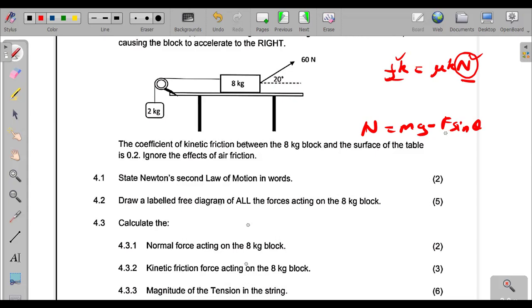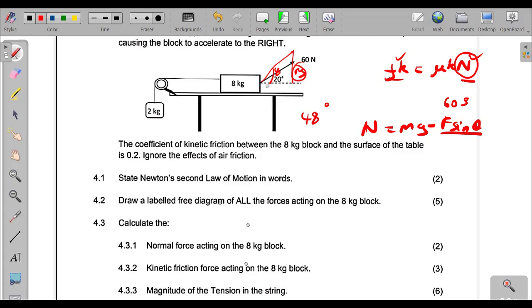So what has happened to F sine theta if our angle increases to 48? We can just punch that in: 60 multiplied by sine 48. Even without punching, it's good to note that if this angle increases to 48, the vertical component of our applied force, Fy, will increase.